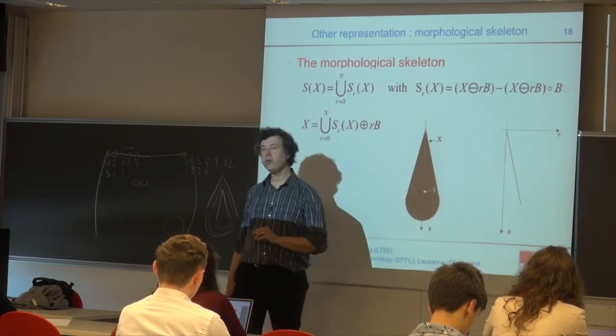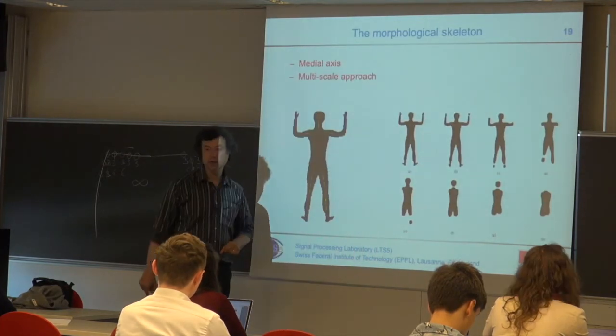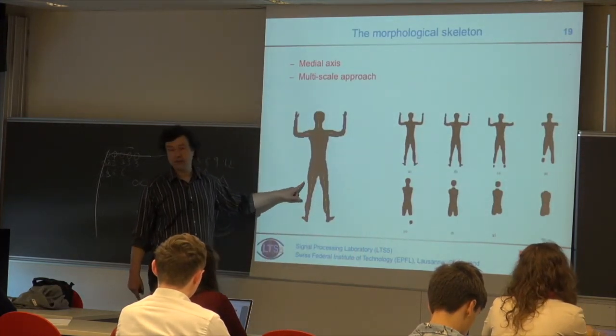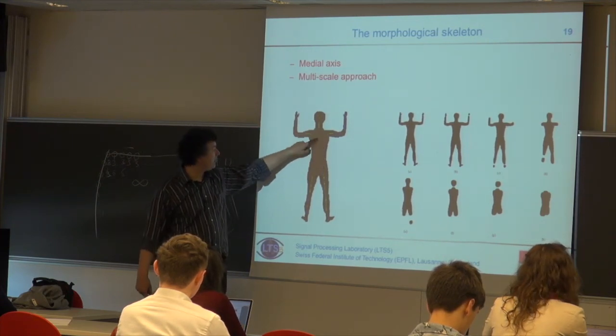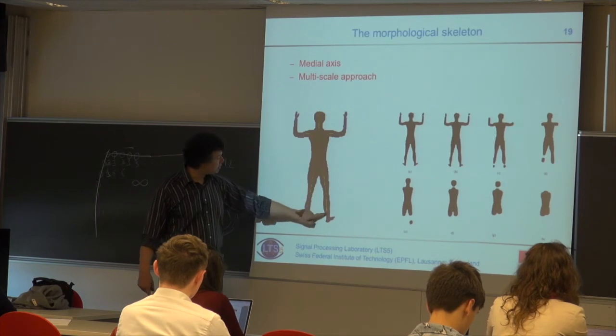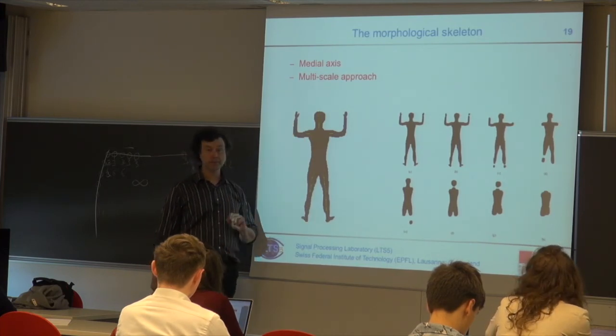So now, if you want to compare two objects, like those ones, here is the skeleton of that object, color-coded by the value of R. Big R's, medium R's, small R's.